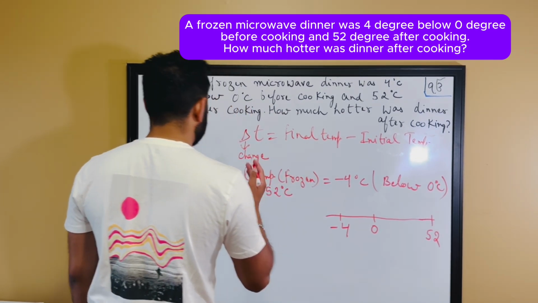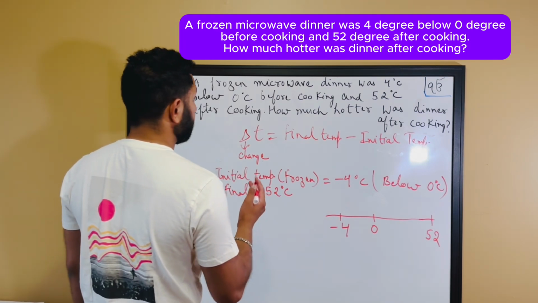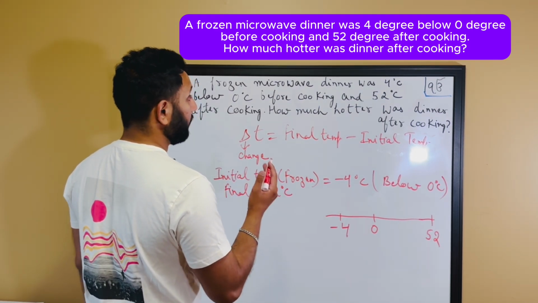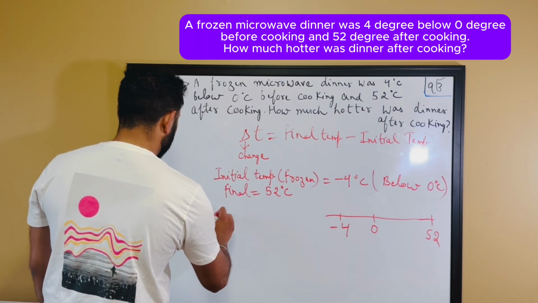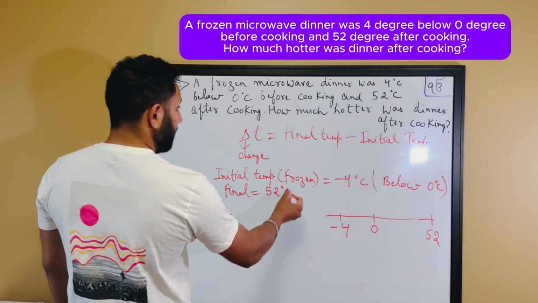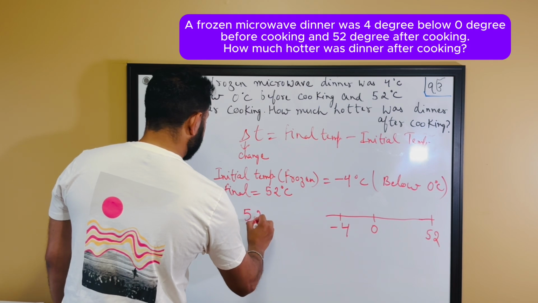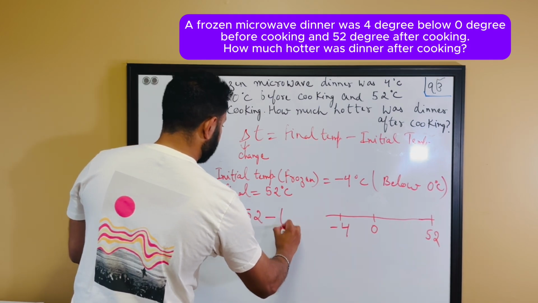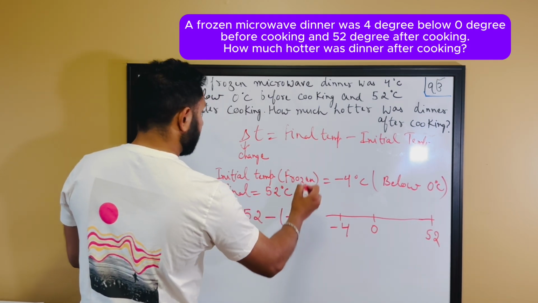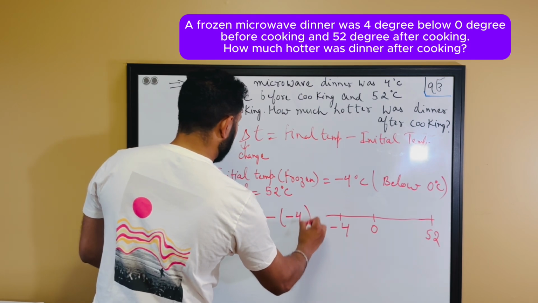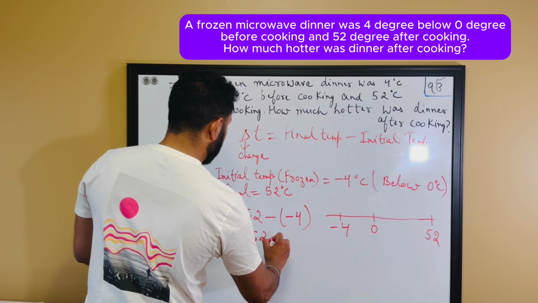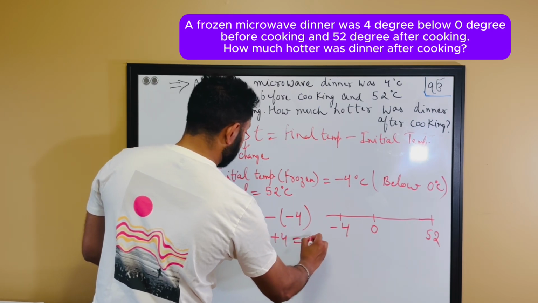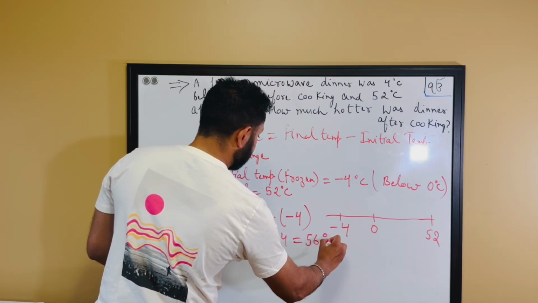That means we need to find the change in temperature. As we know, the formula is final temperature, which is 52, minus initial temperature, which is -4. Minus minus plus, so it comes out to be 56 degrees Celsius.